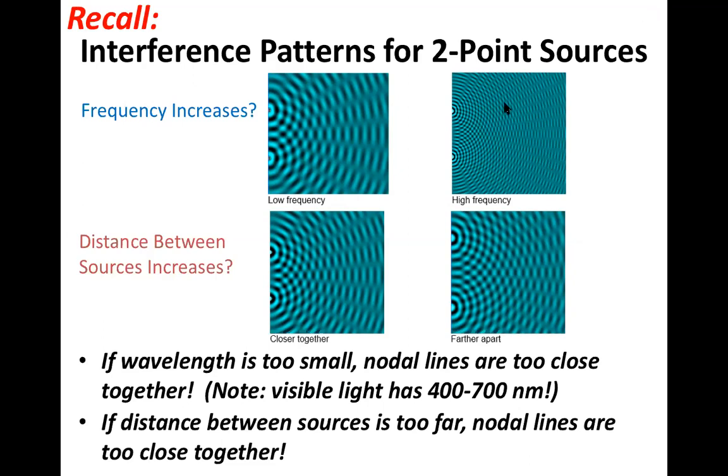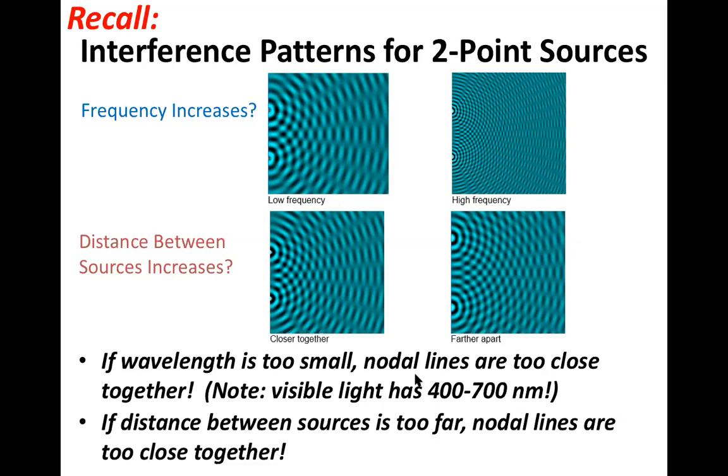So this would be more difficult to analyze as compared to this. And through the universal wave equation, if we have a constant medium, you have a constant speed. V equals f lambda. If speed is constant, that means a higher frequency is also saying very low wavelength. So very large frequency is very small wavelength.